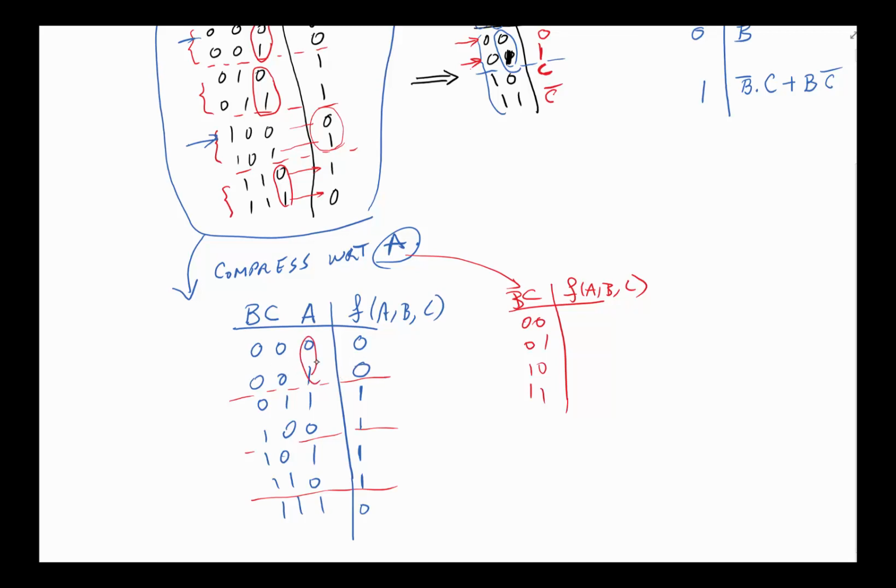So if B and C are 0, it really doesn't matter what A is. Then we go over here, it says A doesn't matter, so that's a 1. And at once, oops, what happened here? Did I miss something?